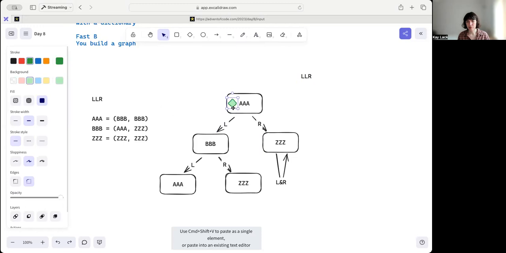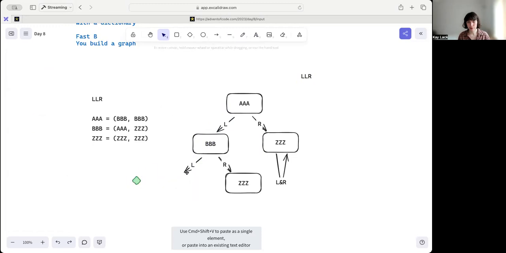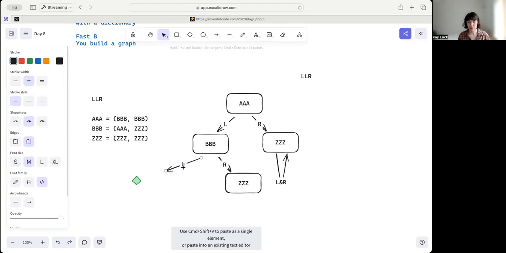So we start off at A, we go left to B, we go left to A again. And actually, if I do this properly, you'll see what I mean.